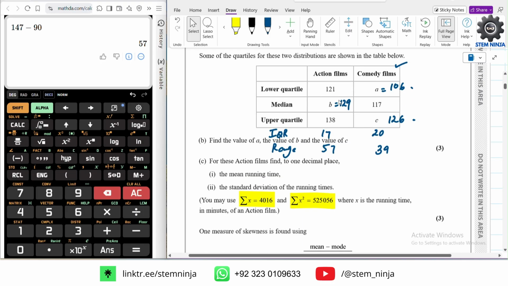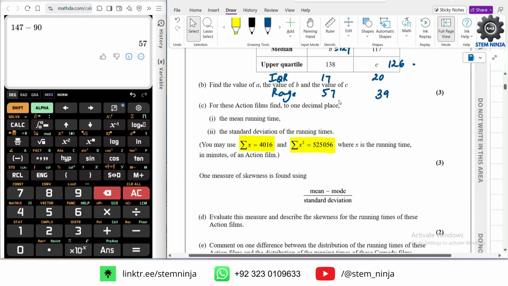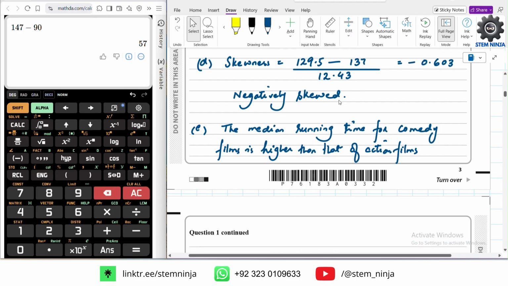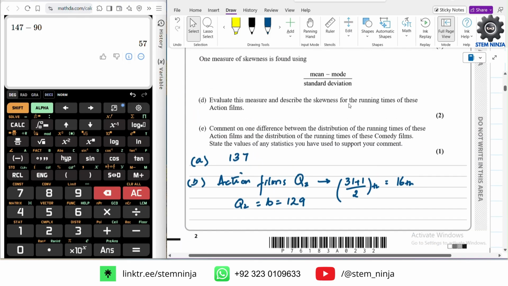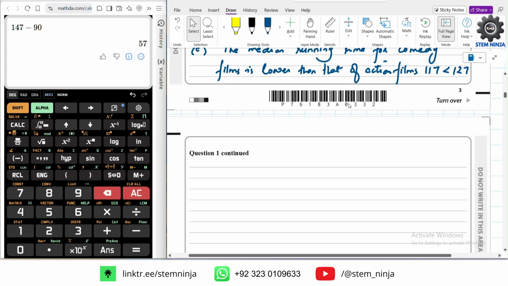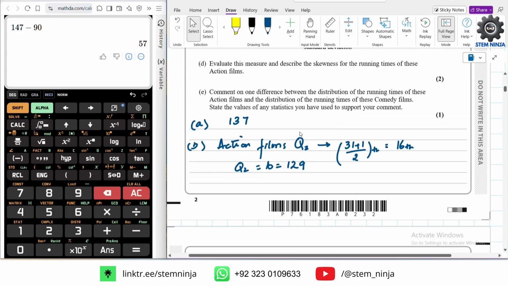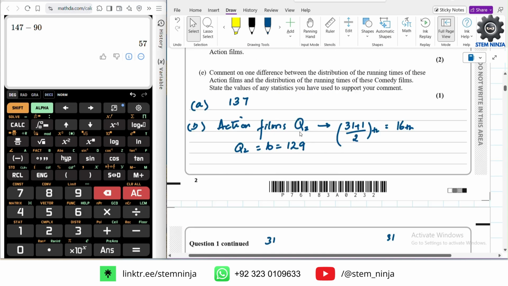Oh, no. Median. Oh, sorry, no. Action films was higher. So, okay, is lower than that. Okay, let's call it lower than that. So 117 is lower than 127. I hope I used the numbers correctly, because 129 and 117. Okay. Then we can comment on the interquartile range and the range.